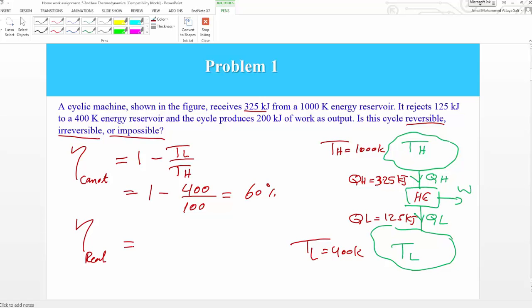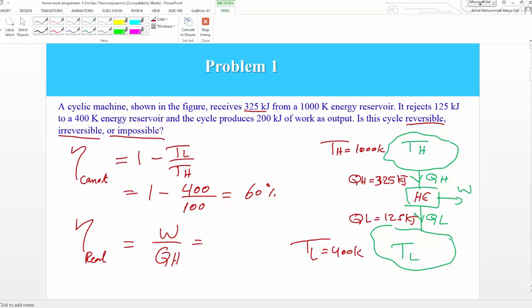If the efficiencies are equal, it will be real and Carnot at the same time. But let's assume that this is what he claims, that it's real. And that's again work divided by QH, because this is the definition of efficiency.